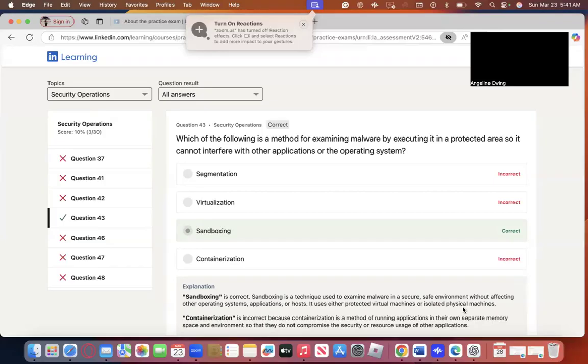Sandboxing is correct. Sandboxing is a technique used to examine malware in a secure, safe environment without affecting other operating systems, applications, or hosts. It uses either a protected virtual machine or an isolated physical machine.